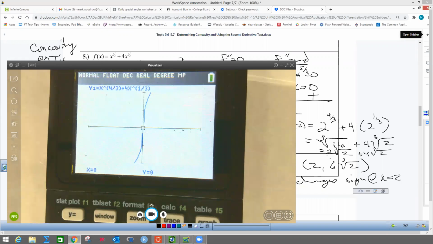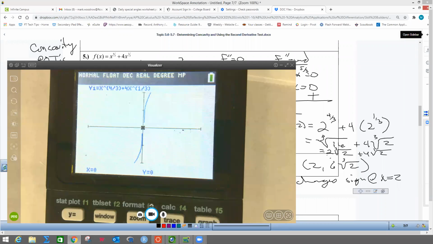Oh, I did not do the intervals either. I need to do the intervals where it's concave up and down. I always just went straight to the POI. Okay, f of 0 is undefined. That's why there's nothing there. And it is because f double prime is not differentiable at 0.